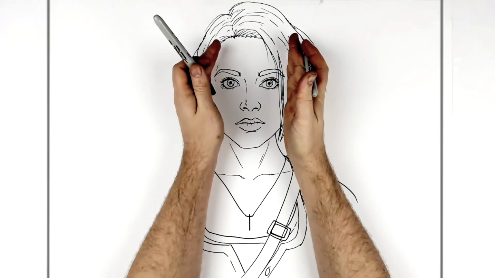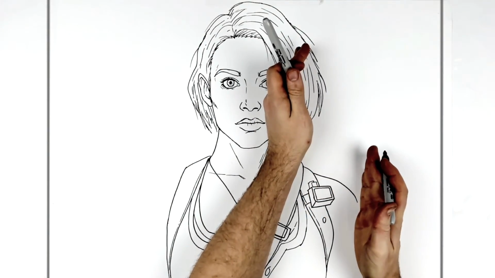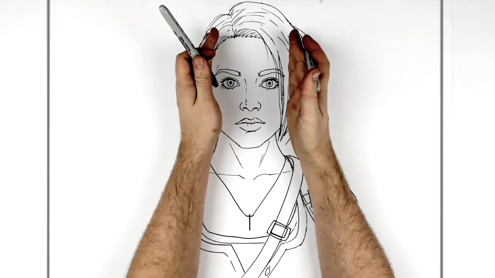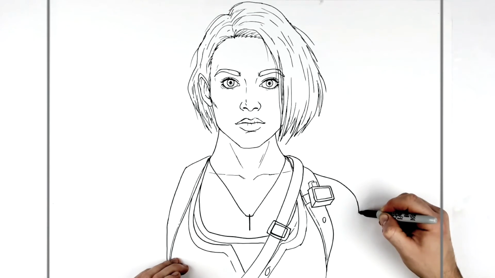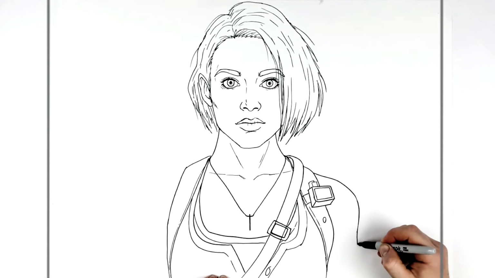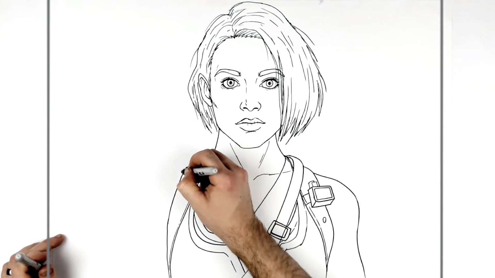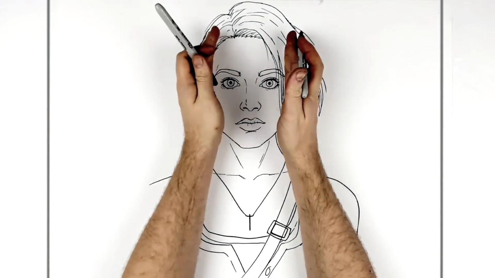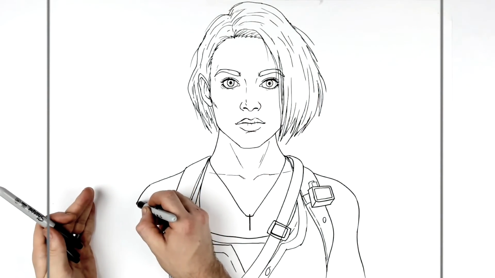Good rule of thumb is face or head width out is where the shoulder will end, right? So the whole width of her face will go out to where your shoulder stops, and then it comes down, right? And then it kind of curves down this way. Do the same thing on the other side. Measure your face, bring it out. Shoulder width is where you'll bring it to, right?